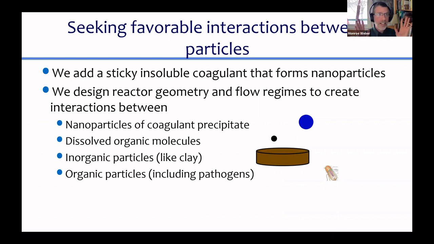Okay, so that was my aside about moringa seed and why we're not using that in any of our plants yet. I'd like to give you a sense of the scale of the particles that we're trying to remove. So we're talking about nanoparticles that are made of aluminum hydroxide.